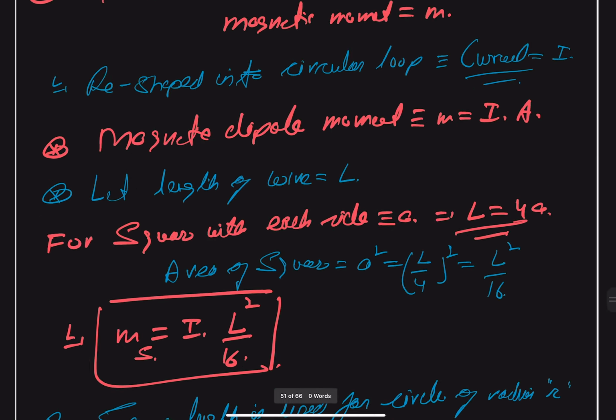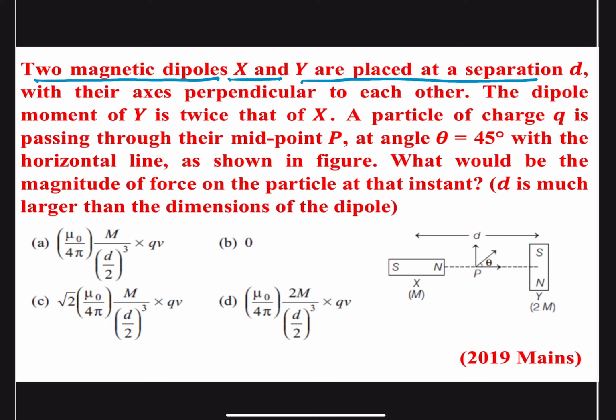We come to the next question, and here it says that two magnetic dipoles X and Y are placed at a separation D with their axes perpendicular to each other.